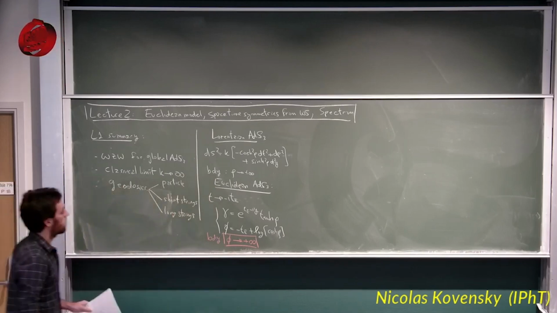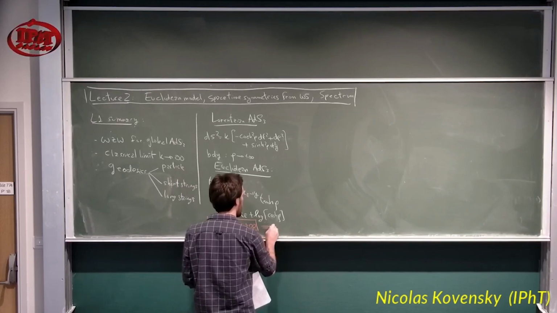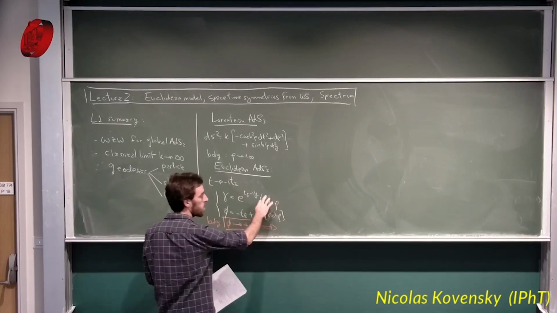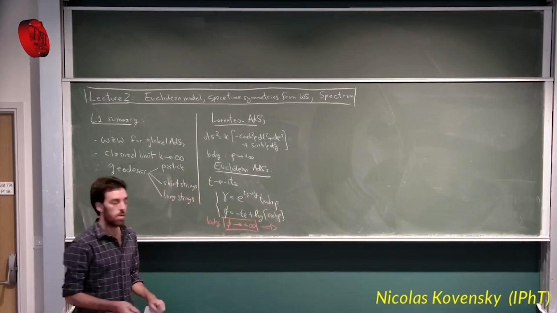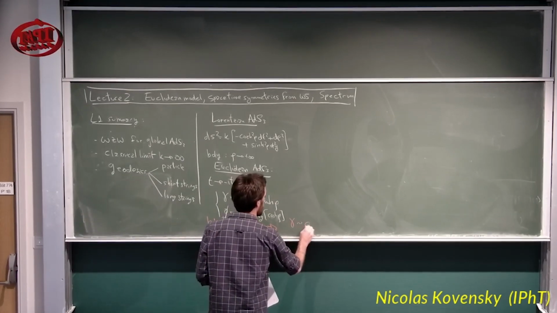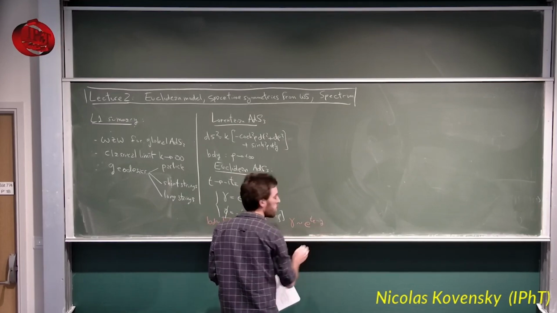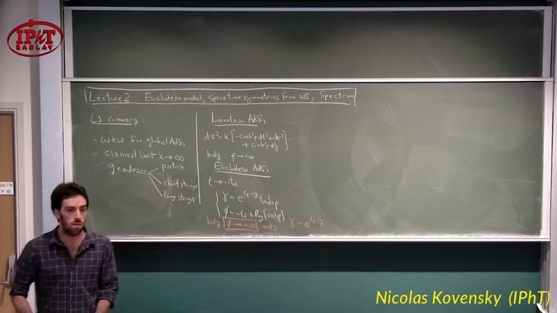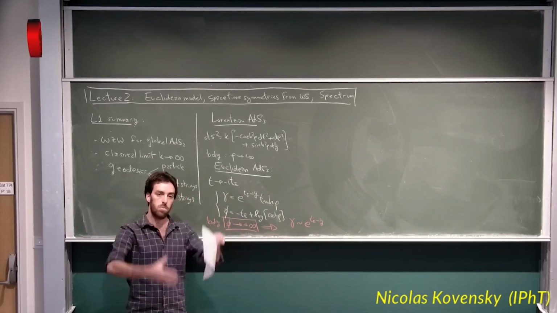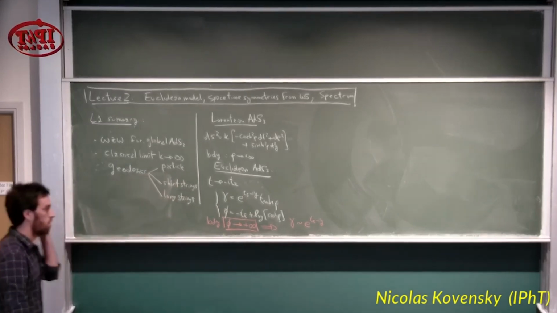And you see that when I do this, in the region of large but constant rho, the map I'm using here for gamma is basically the exponential map, right? And so this means that I'm going from the cylinder topology in the boundary to the plane, right? The usual transformation.